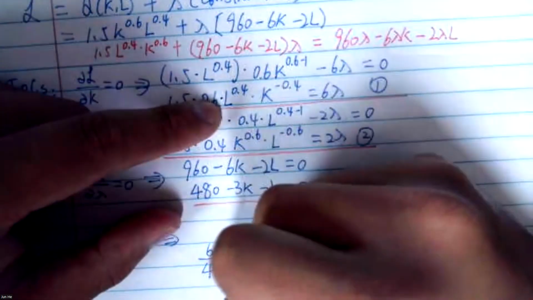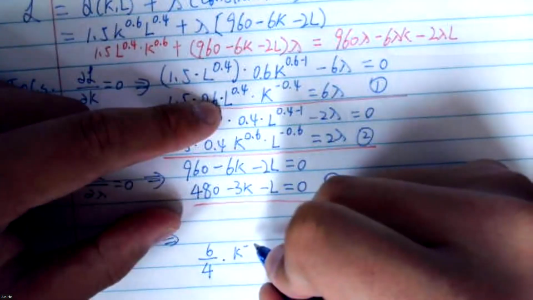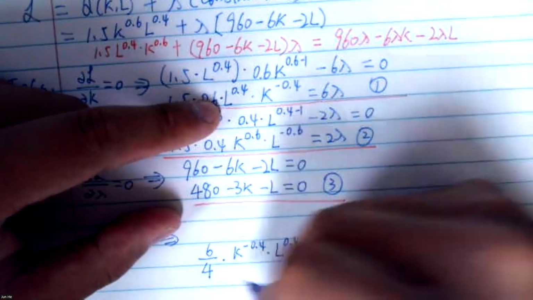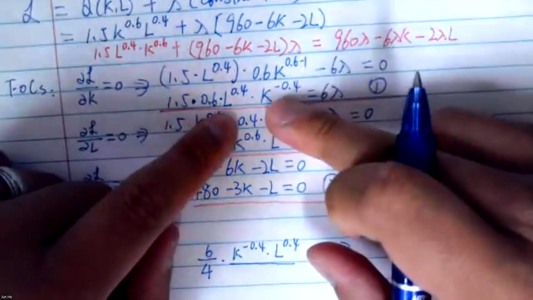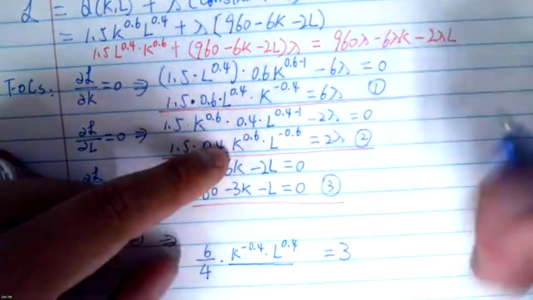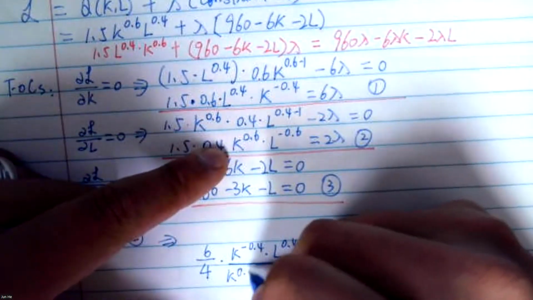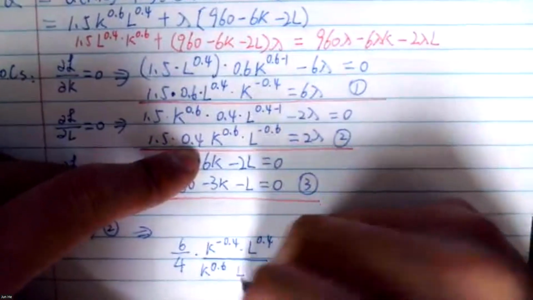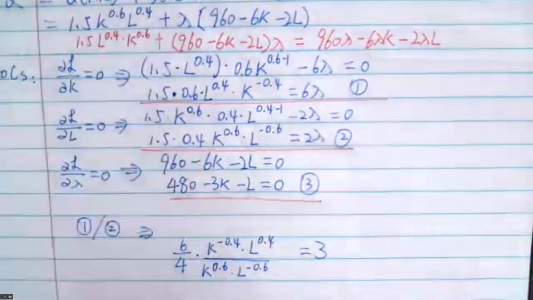Right? Then we have K to the power of minus 0.4 by L to the power of 0.4. That's from the first one. Over K to the power of 0.6 L to the power of minus 0.6.